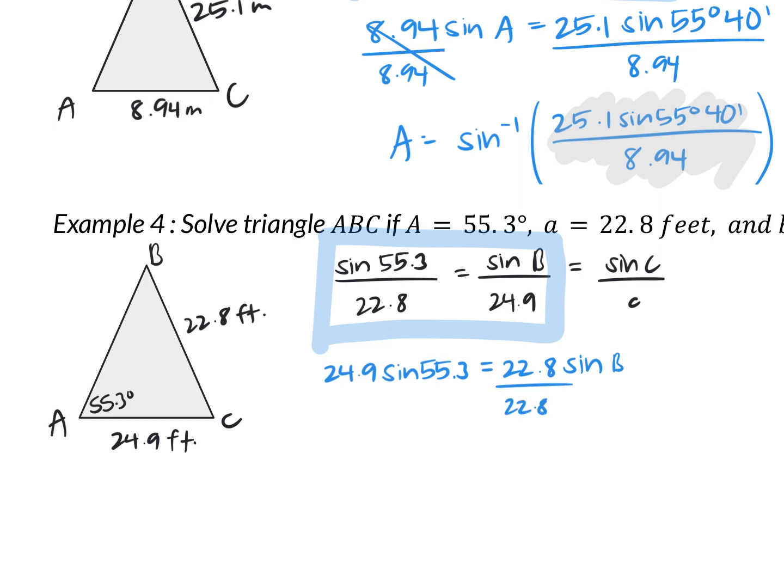Divide by 22.8. And then how am I going to get rid of sine? Sine inverse. So on your calculator, you're going to type in the sine inverse of this entire fraction.